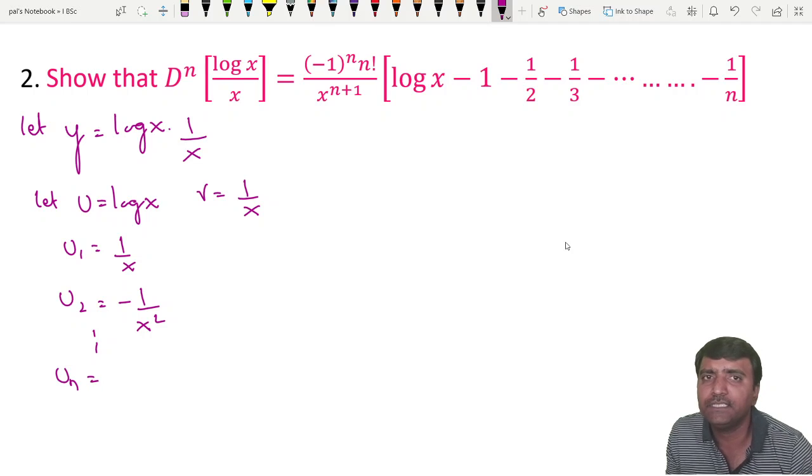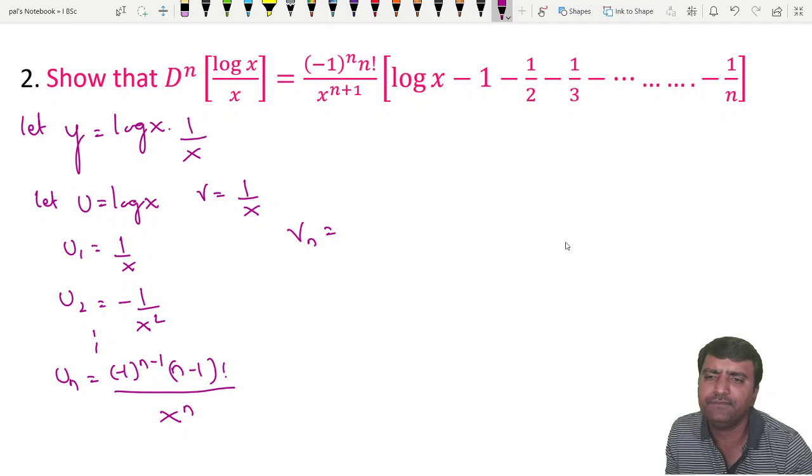u_n, the nth differentiation of log x, is minus 1 to the power n minus 1, n minus 1 factorial divided by x to the power n. What is v_n? v_n means its nth differentiation. It is in the form of 1 by ax plus b.